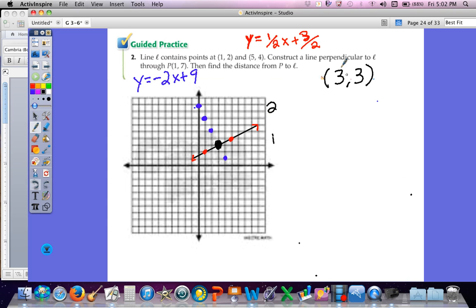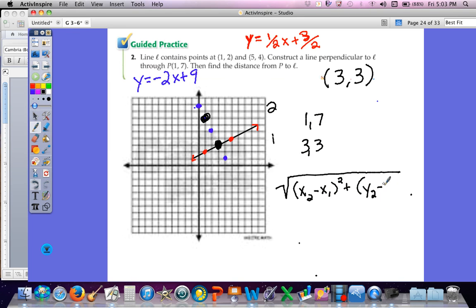So now I know that the closest distance between this point, 1, 7, and this line is at this point. So I have point 1, 7 and point 3, 3. I'm going to use the distance formula: the square root of x2 minus x sub 1 squared plus y2 minus y sub 1 squared.